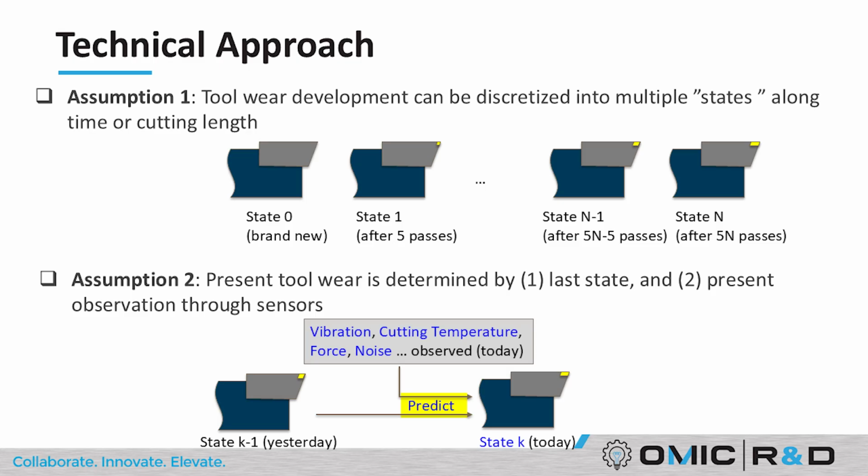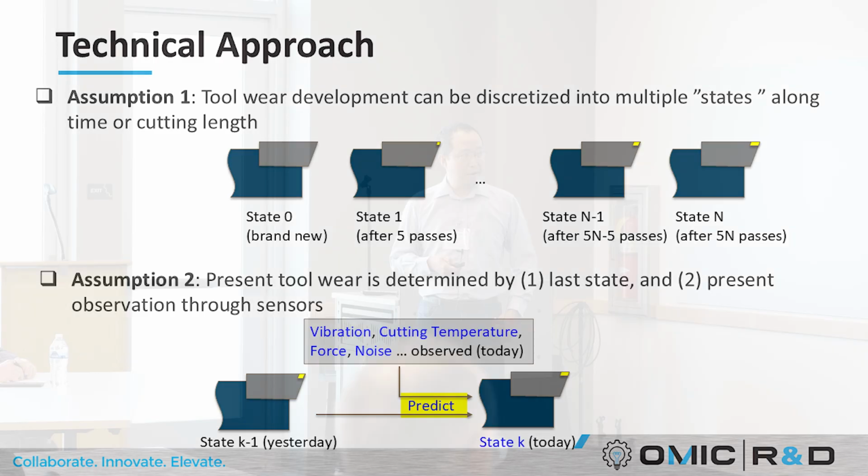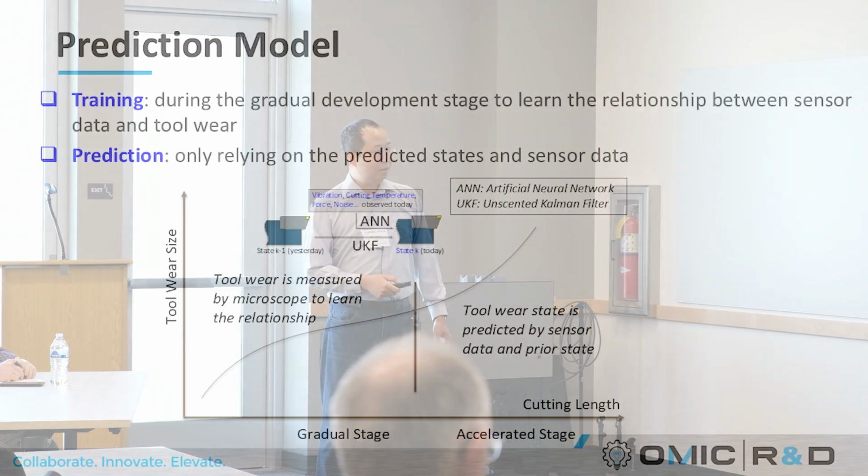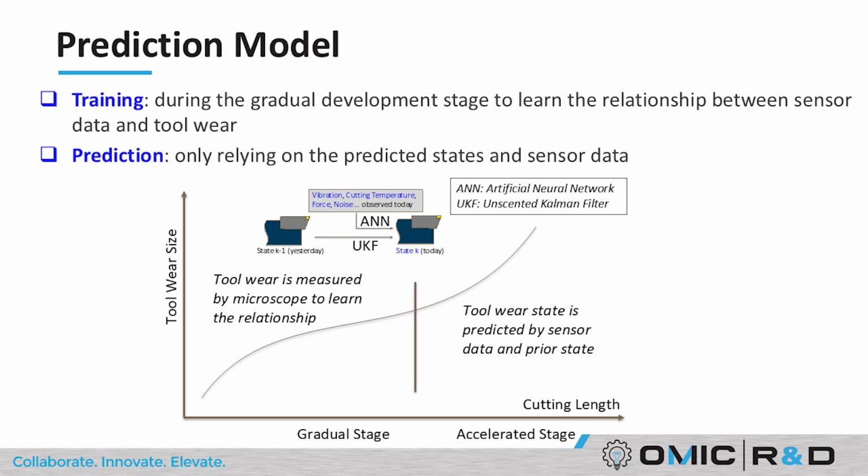To predict the future status of the tool wear, we need to build two models to represent the two relationships. The first is from the sensor data to the future state of the tool wear, and the second is from the last state of the tool wear to the future state of the tool wear. Practically, we adopted an artificial neural network to represent the first relationship, and an unscented Kalman filter to represent the second.